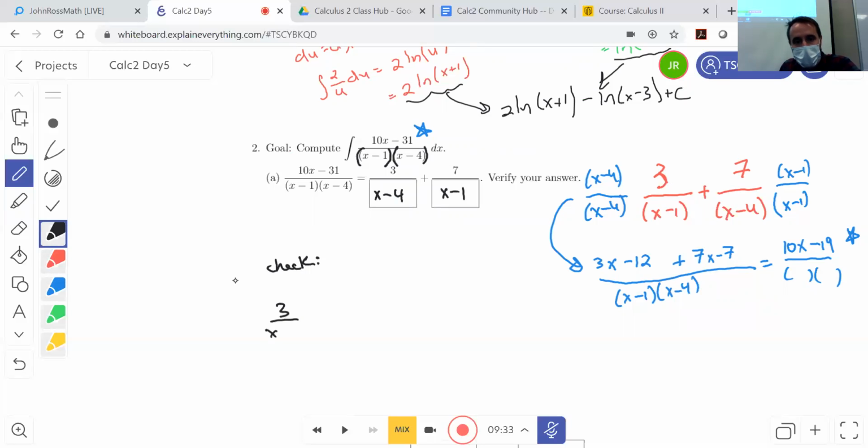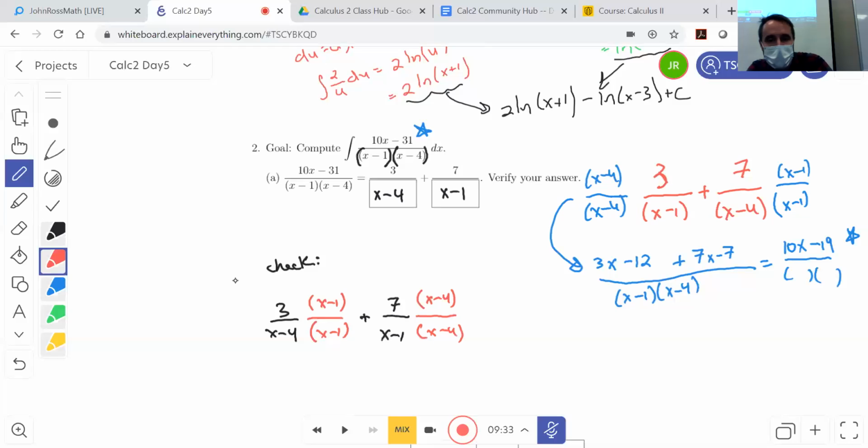We have 3 over x minus 4, and we're going to multiply to get this common denominator. We'll multiply by x minus 1 over x minus 1, plus, for the 7, we had 7 over x minus 1, and we'll multiply that by x minus 4 over x minus 4. Again, trying to get the common denominator of x minus 1 times x minus 4.